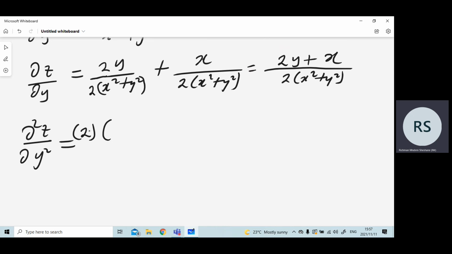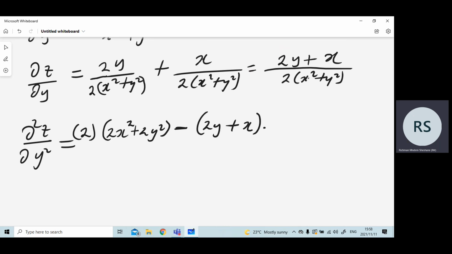Derivative of the numerator, which is 2, while we leave the denominator, minus, now I leave my numerator, and then times the derivative of the denominator with respect to y.